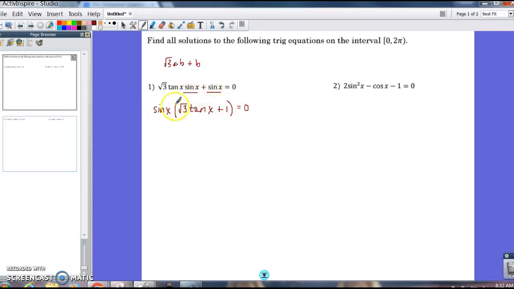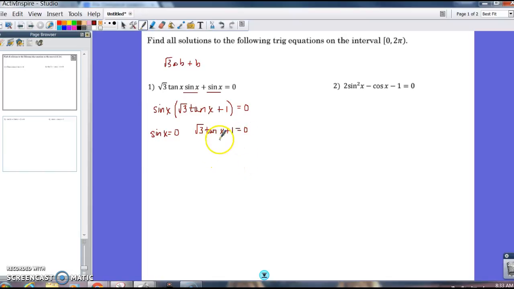So all I did was factor sine x out of both terms, and now, just like you would do with any other equation, you set both of your factors equal to 0. So I have sine x is equal to 0, and then I have root 3 tan x plus 1 is equal to 0.